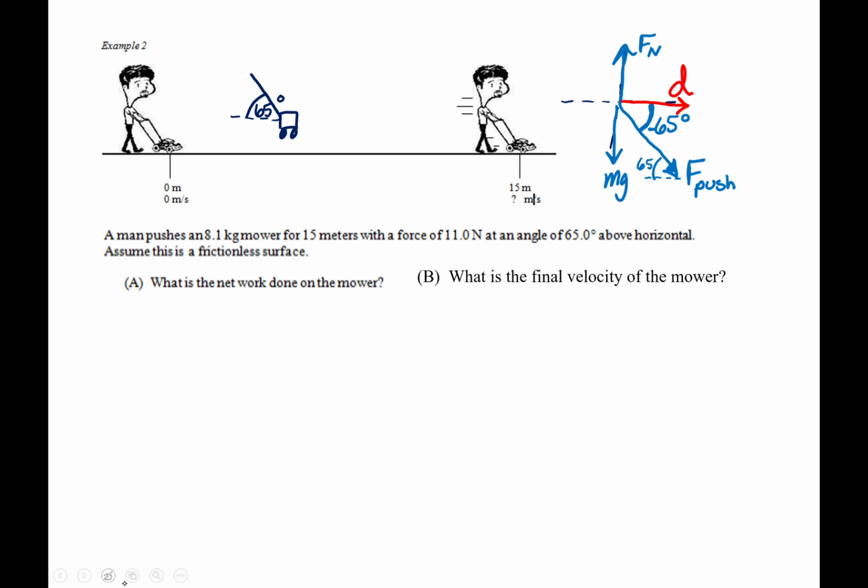So this makes it relatively easy for me to say my work net is the sum of the works, which would be the work done by gravity plus the work done by the normal force plus the work done by the push. Now, the normal force and the displacement make what kind of angle? A 90-degree angle. They are perpendicular to each other.